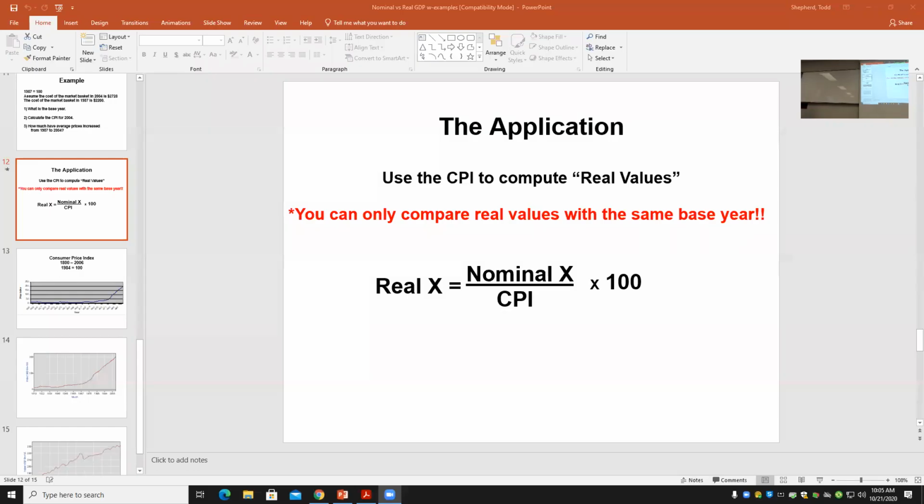So what makes this entire equation work is if you have your nominal variable on the top, your nominal includes both price and quantity changes. The consumer price index, we now know, is a measure of price level changes.